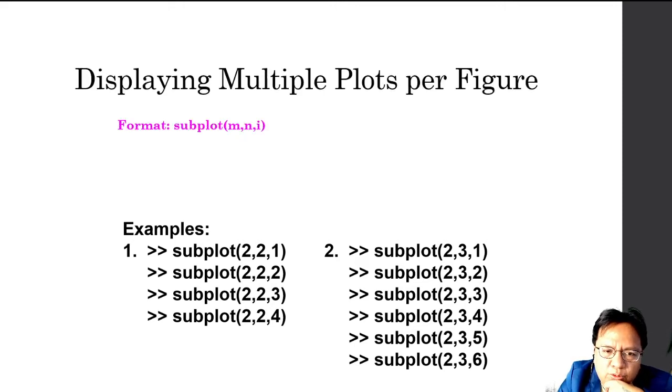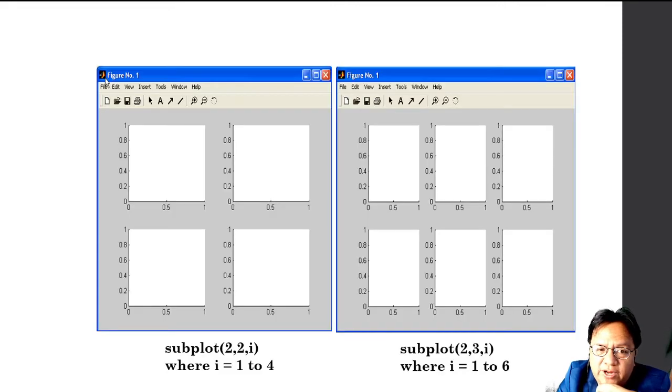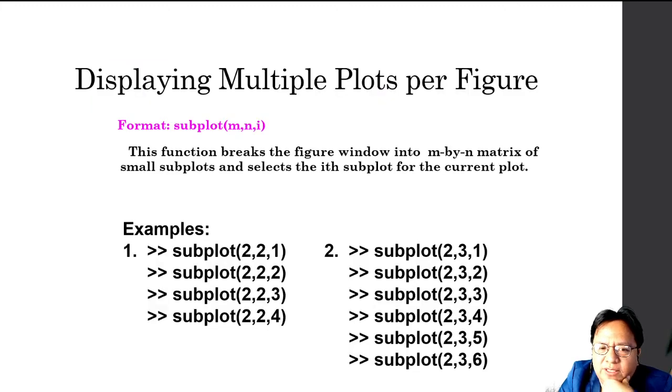Now, if you want to graph multiple plots per frame, like in this case, it is 2 by 2. This means that there are 2 rows, 2 columns. For this one, this is a 2 by 3, so 2 rows, 3 columns. So just identify the number of elements. If you're going to issue 2, 2, 1, it means that we are expecting 2 rows, 2 columns.